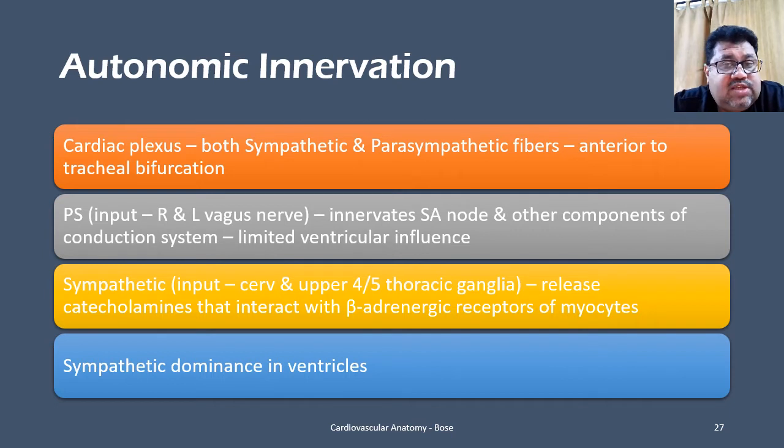Now, although the SA node and the conduction pathway have an intrinsic rate of depolarization, which results in the contraction of the myocardium, yet the autonomic nervous system influences the rate of impulse generation, contraction, relaxation, and strength of contraction.